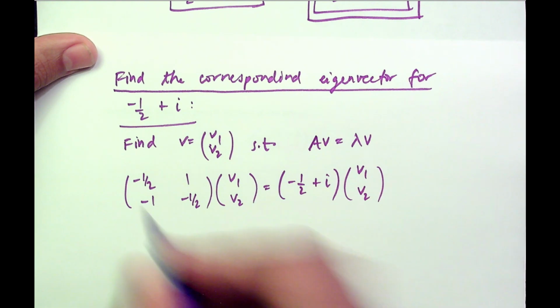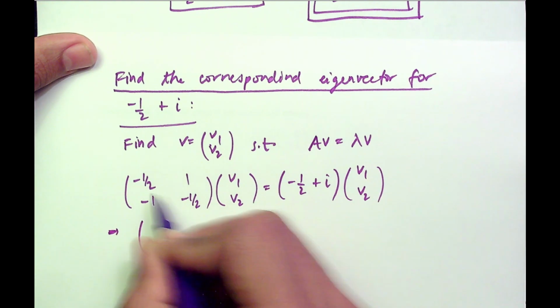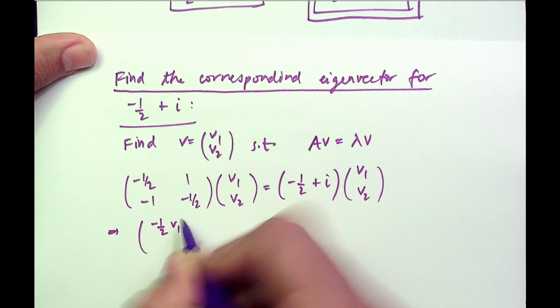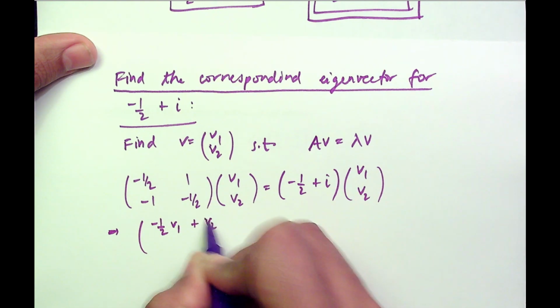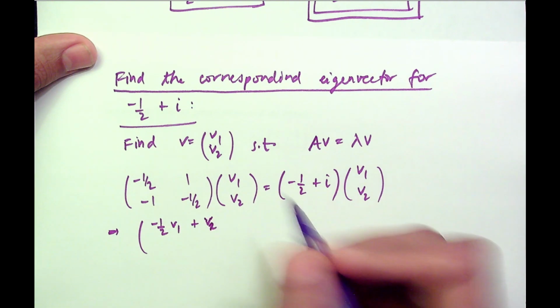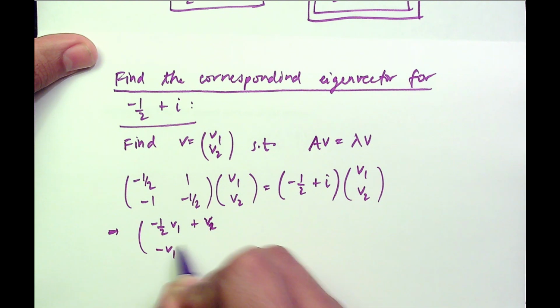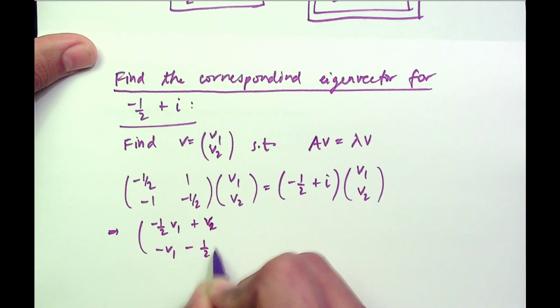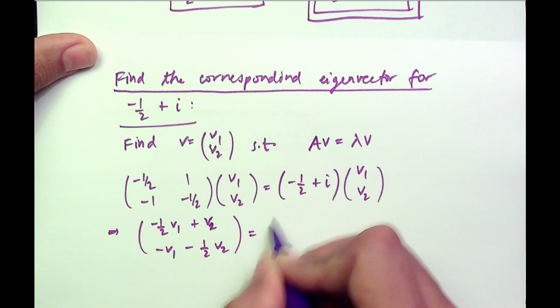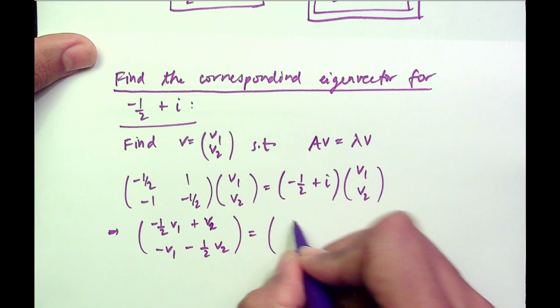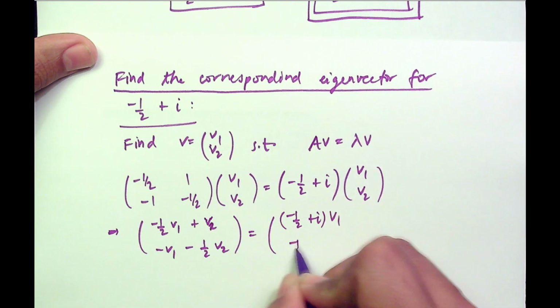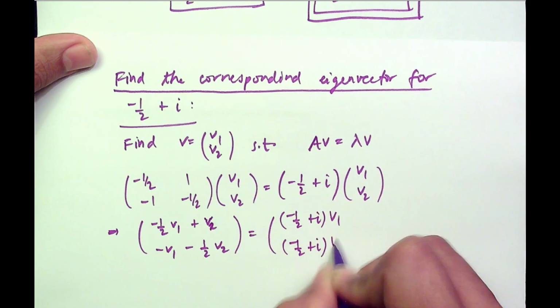Now multiply. This is negative a half v1 plus v2, and negative v1 minus a half v2, equals negative a half plus i times v1, and negative a half plus i times v2.